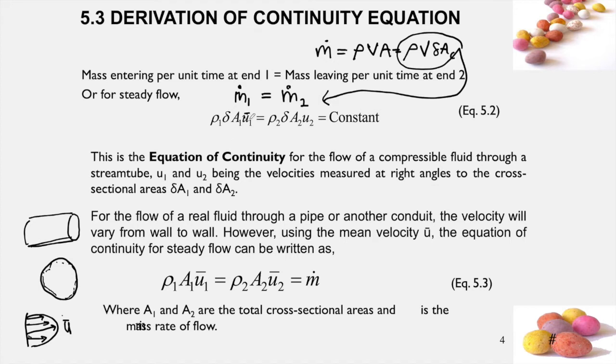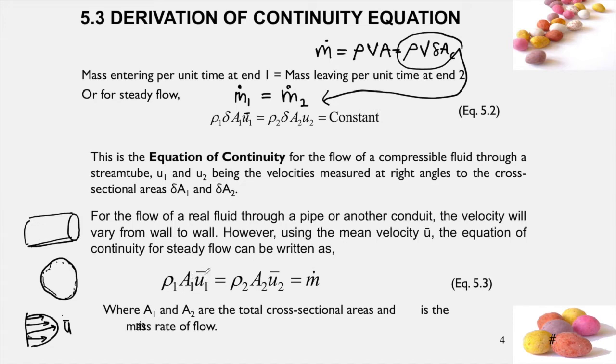Okay, from this equation, rho 1 delta A1 U1 equal to rho 2 delta A2 U2. We change the velocity here to the average velocity. That's why this equation becomes rho 1 A1 U bar 1.